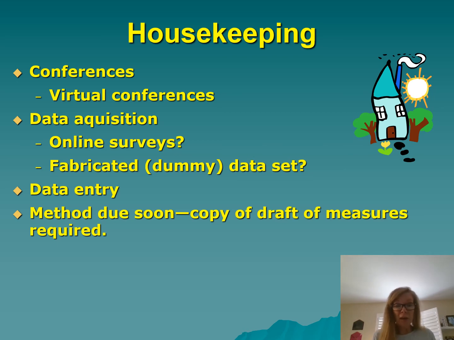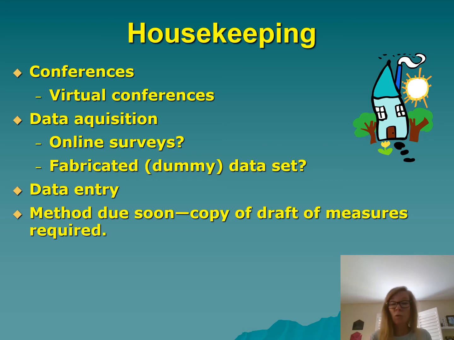Another important thing coming up is that your method is due soon. Again, check the lab guide for that particular due date. When you submit your method, a draft of your measures are required.